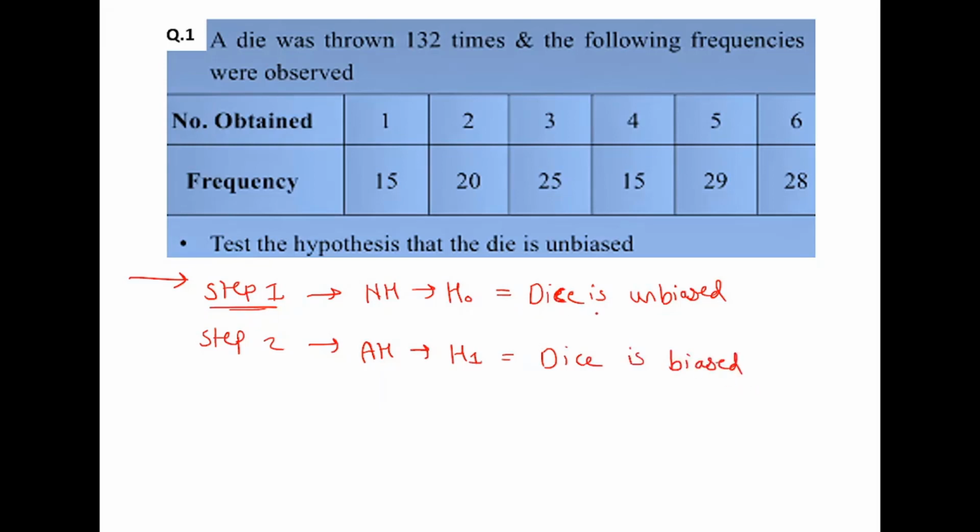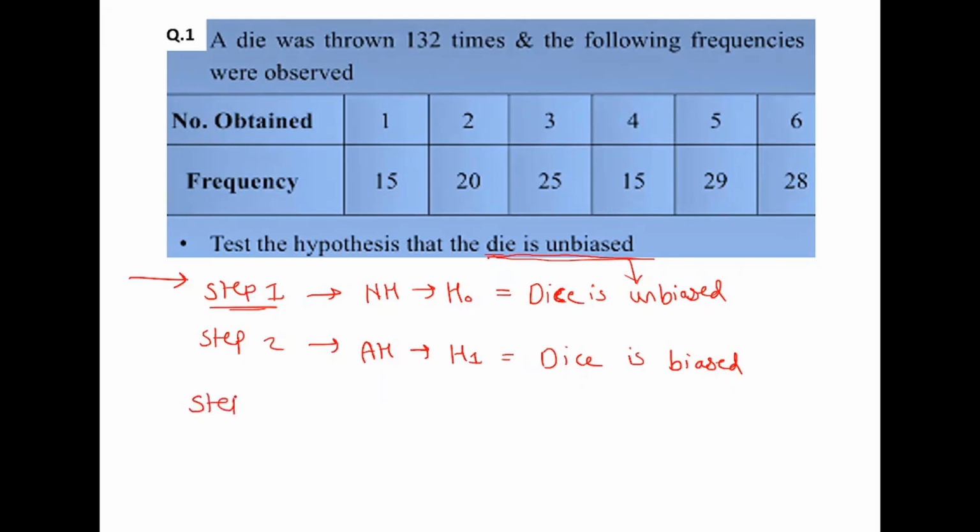As I told, whatever is given, we are going to assume in the null hypothesis. Here it was told to test the hypothesis that die is unbiased. So we have considered in the null hypothesis that dice is unbiased, and in the alternate hypothesis we are rejecting this. So we say that dice is biased.